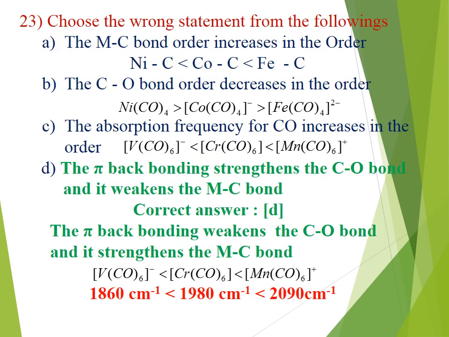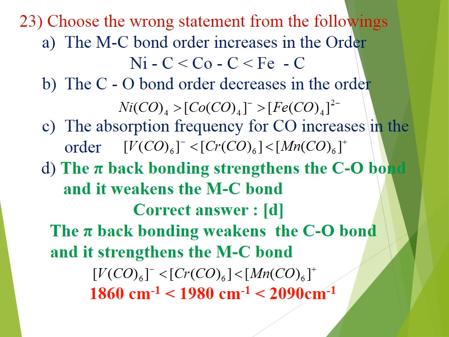Question number 23. Choose the wrong statement from the following. Option A, the M-C bond order increases in the order Ni-C < Co-C < Fe-C. It is correct. Option B, the C-O bond order decreases in the order Ni(CO)4 > Co(CO)4^- > Fe(CO)4^2-.